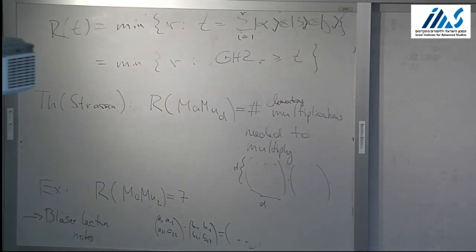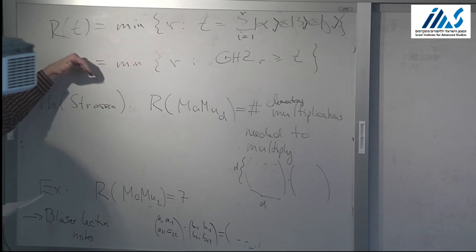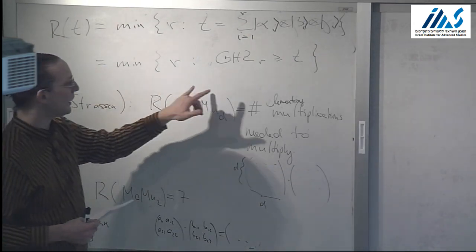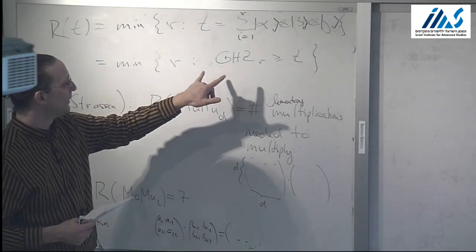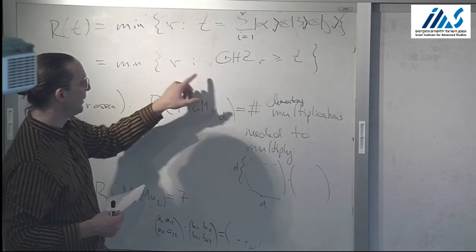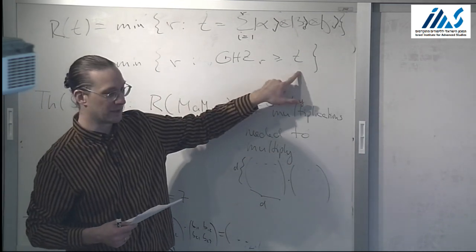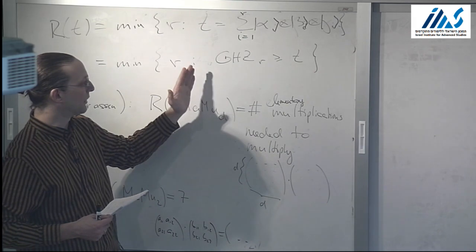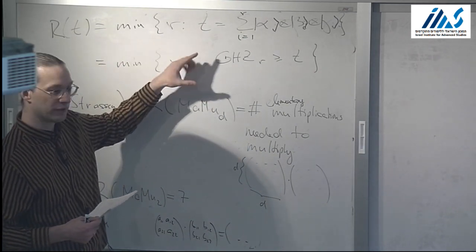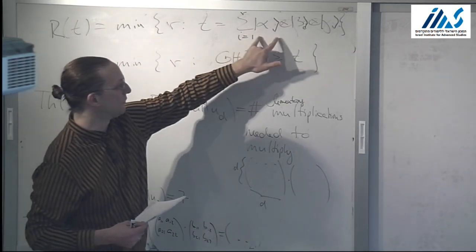And it is not hard to see that these two definitions are equivalent. One way of seeing it is that with this map implementing the restriction, if you apply it to the basis vectors, then these just give you these vectors here.